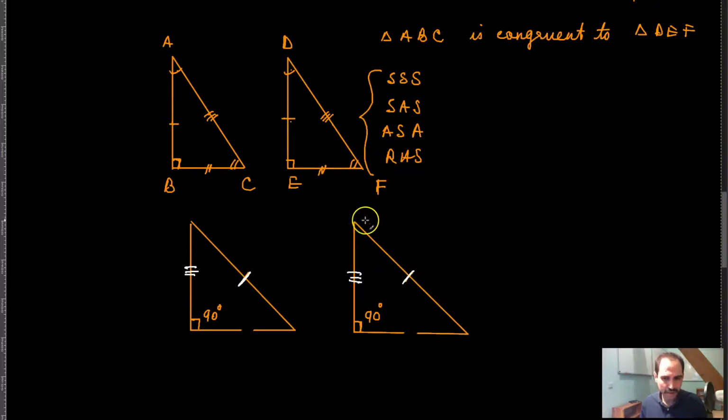It just has to be the hypotenuse along with one of the other sides. So it could be this side or it could be this side, but then you have to find the corresponding side in the other triangle and show that that side is equal to this side in the triangle that you're talking about. And then you can conclude that the two triangles are congruent.